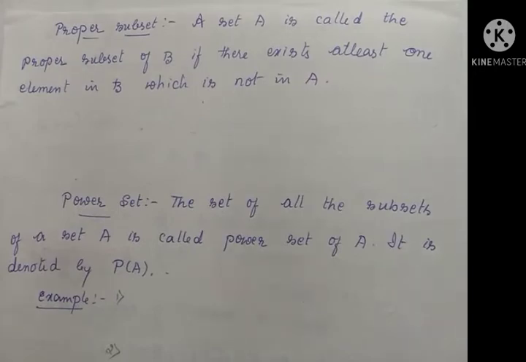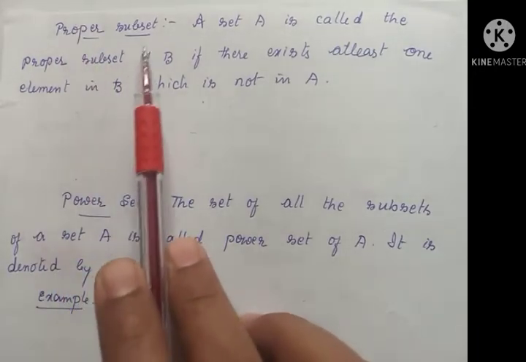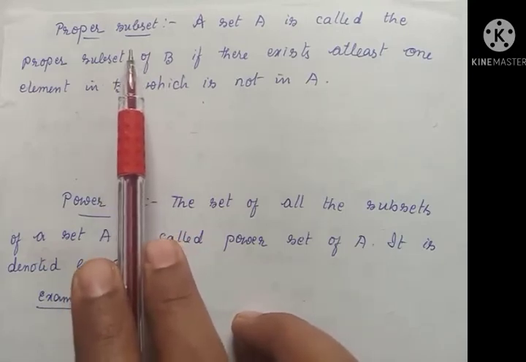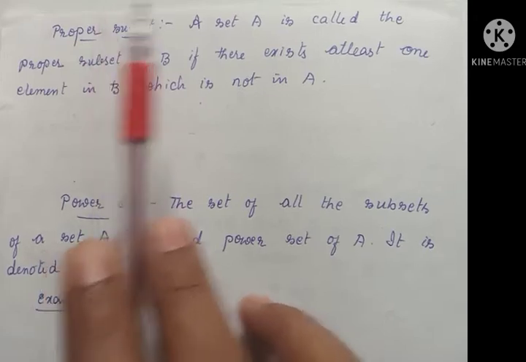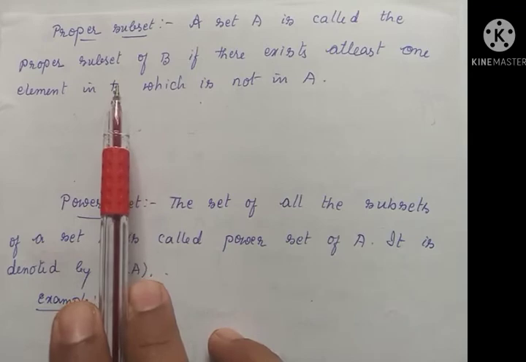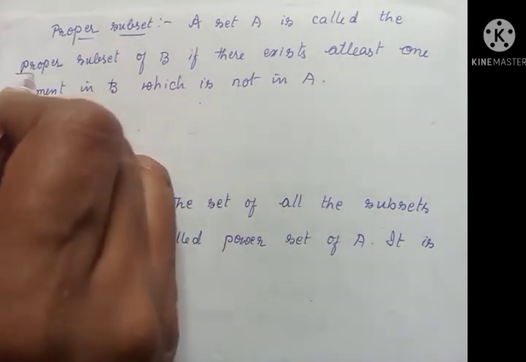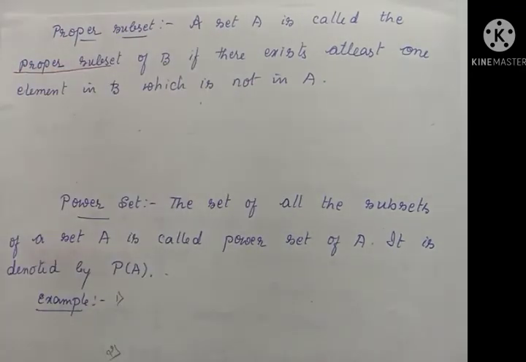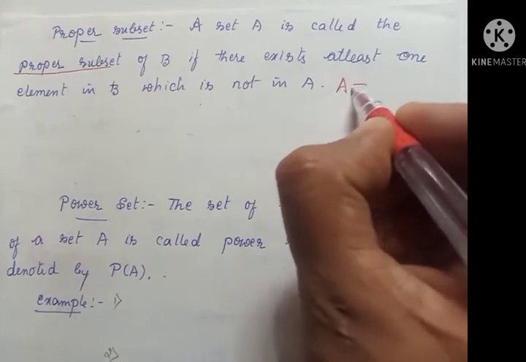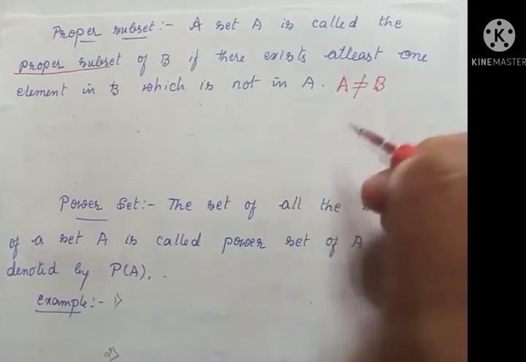Now another one, proper subset. So all of you know the subset. Now proper subset. What do you mean by proper subset? A set A is called a proper subset of B, not simply a subset. I have introduced one more word, proper subset. If there exists at least one element in B which is not in A, that means A and B are not equal.